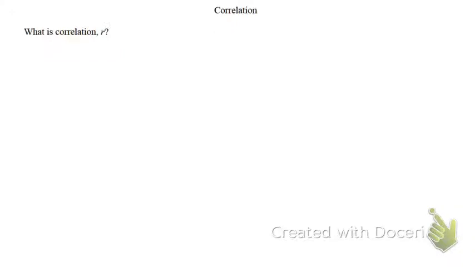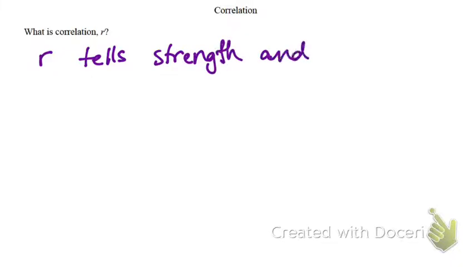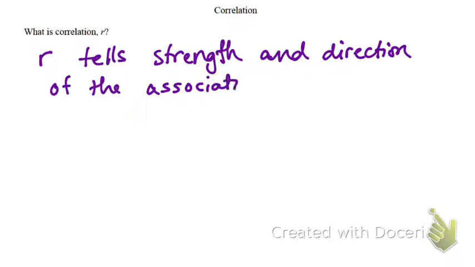So correlation r tells strength and direction of the association of two, what kind of variables?